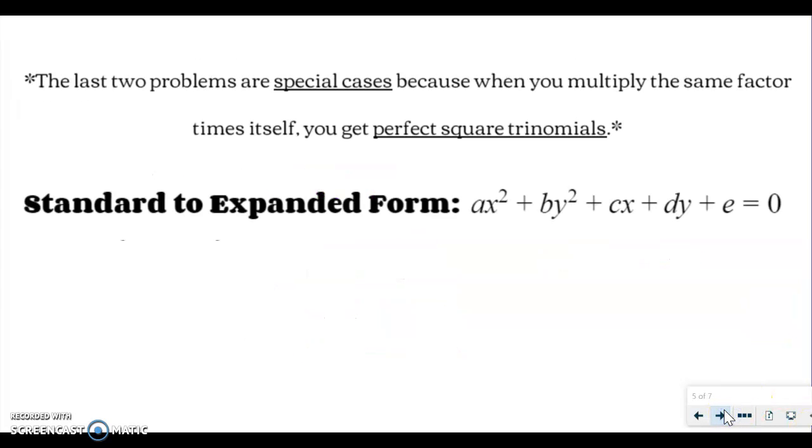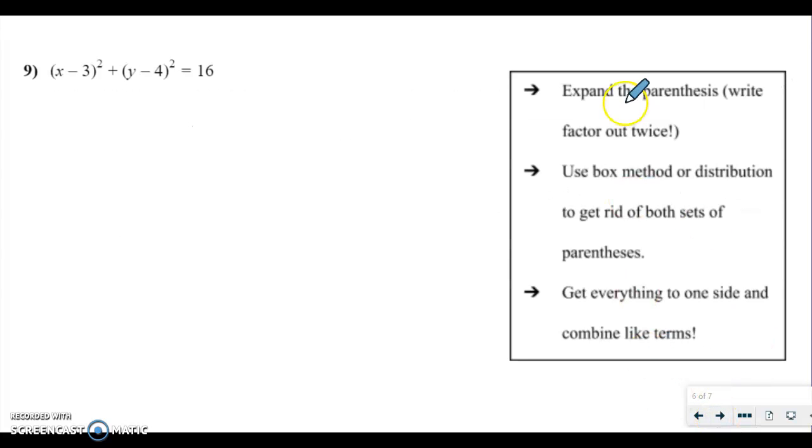All right, so the long-term goal is to get our circle into expanded form. So we want to have x squared, y squared, cx plus dy plus e all equaling 0. We want to get one side to be equal to 0. So let's look at this. We're going to take each of these parentheses and square them.